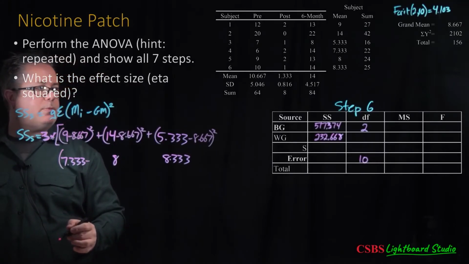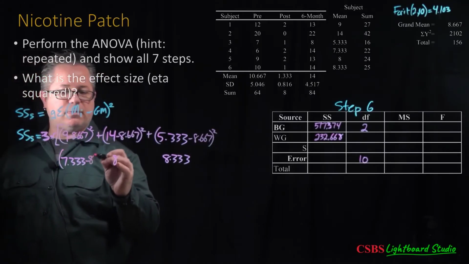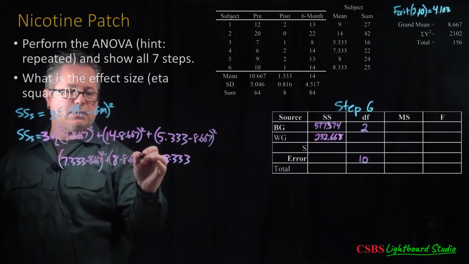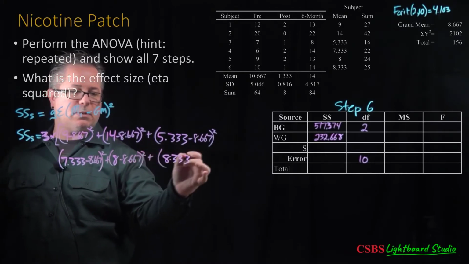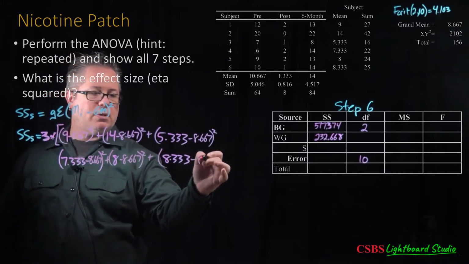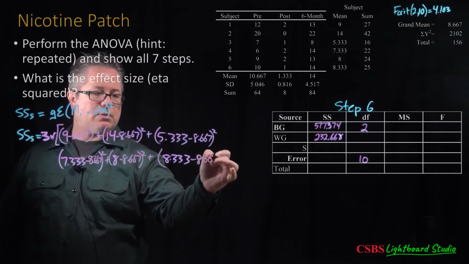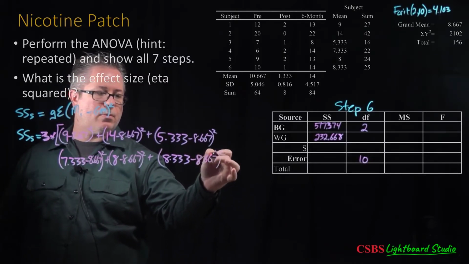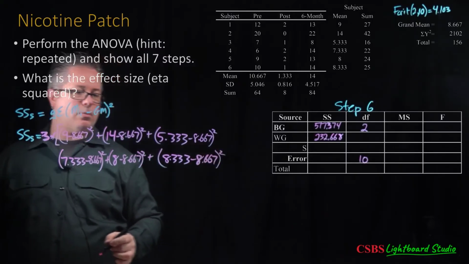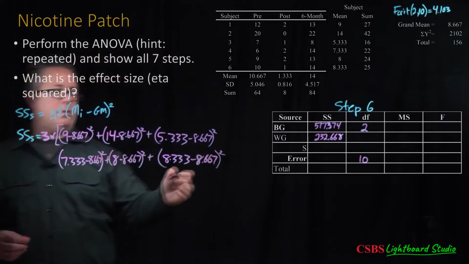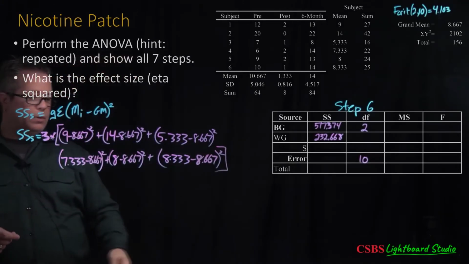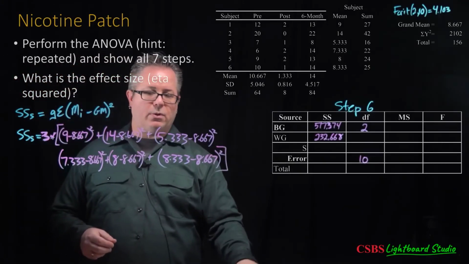So 7.333 minus 8.667 squared plus 8 minus 8.667 squared plus 8.333 minus 8.667 squared. Okay. And then the brackets close. Alright, so let's figure out each one of those.